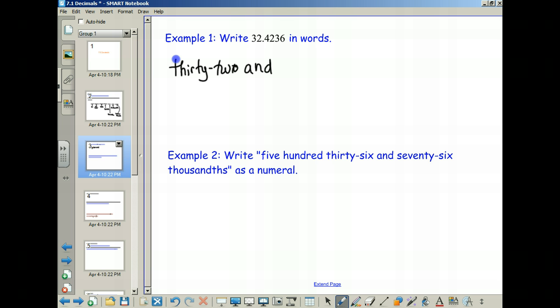Now, I want you to ignore where this number is. I just want you to say what the number is if you saw the number 4236, not where it's located or anything else. What number is that?